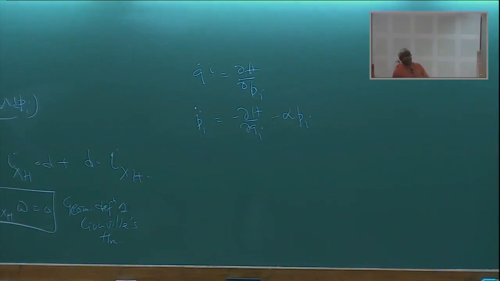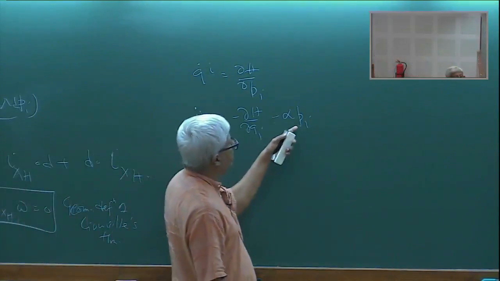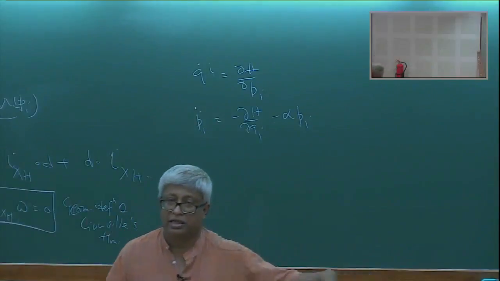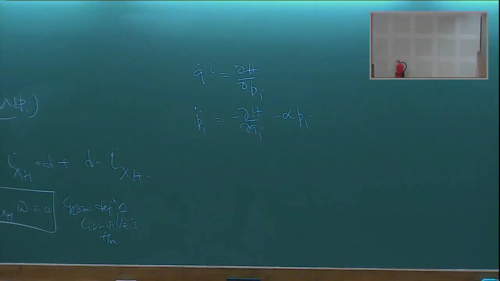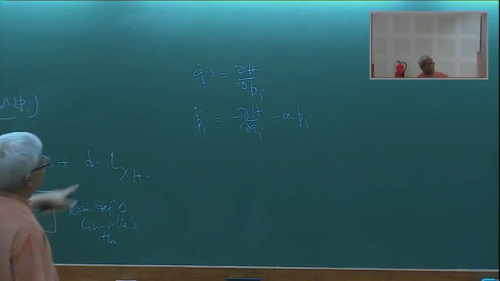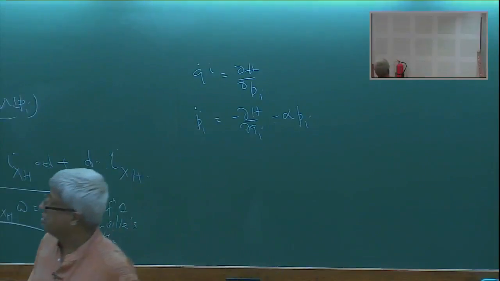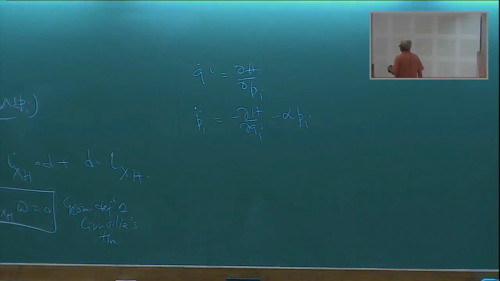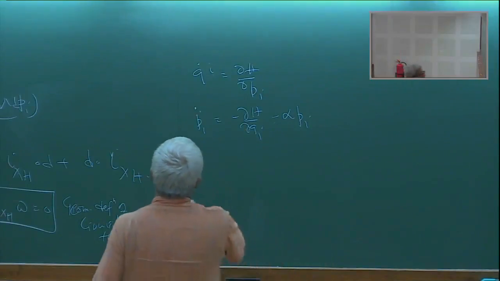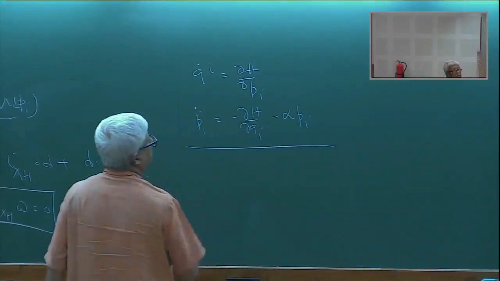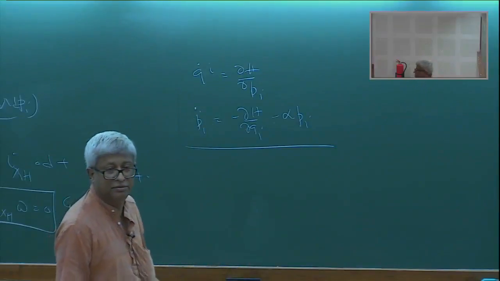Because you see that this term is sitting here, it is actually frictional, Rayleigh friction type of thing, if you take into account the original Hamiltonian. So if you get this equation, how will you tackle these things in that form? Step by step I'm going up. The complication is that when you start doing this type of thing, you cannot do it in a conservative way, because it's a non-conservative thing.